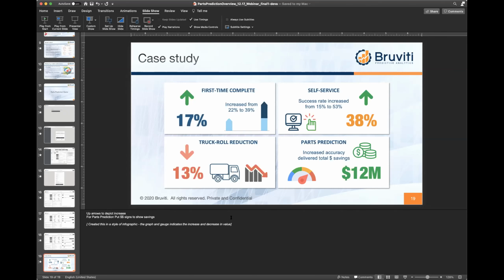But with the parts prediction engine, we can just get a dump of data from historical calls, and you can say, here's the data, can you go through it, analyze it, and come back and tell us what parts are required? That can be easily proven, and then the rest of the pieces from an integration perspective can be looked into. So it can be looked into independently, as well as purchased as a standalone product.